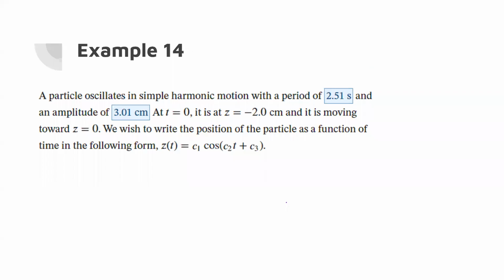Okay, so this one we had in the homework as well. I just put this example here so we could quickly go over it and talk about the different parts of the position formulas.